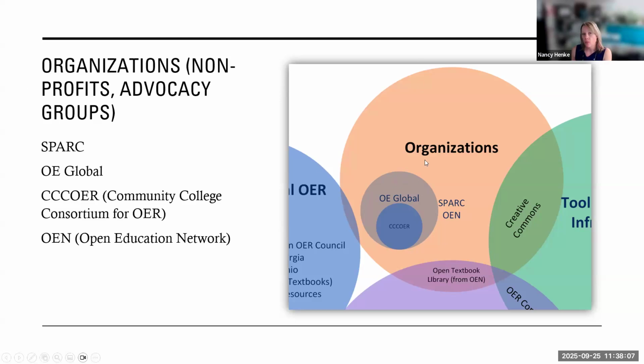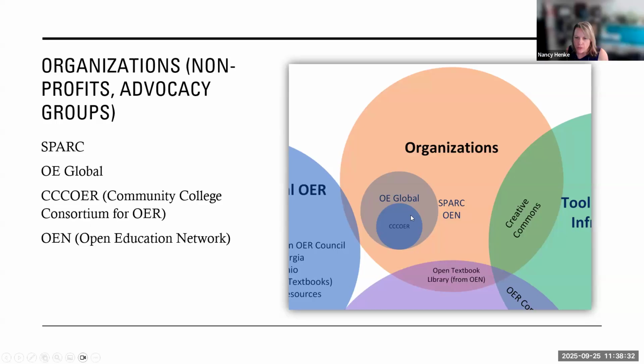But we also have OE Global, so Open Education Global. They certainly operate in the US and Canada, but they also have a large presence in other parts of the world, which makes their focus global, hence their name. But what's also interesting is that CCC OER, the Community College Consortium for OER, which runs one of the big listservs in this space, so it's a name that I see quite a lot.